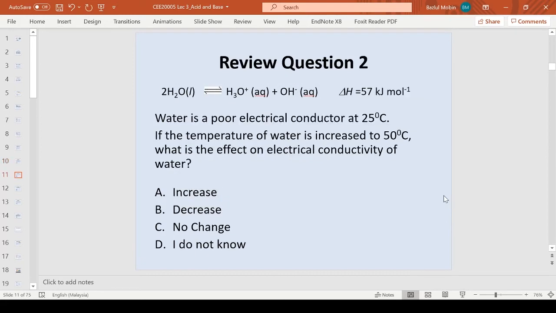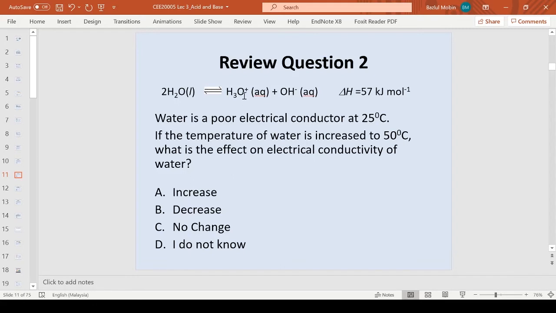For question number 2, the same equation, same condition. Water is a poor electrical conductor, we know that it does not dissociate appreciably. So at 25 degrees it is a very poor electrical conductor that does not conduct electricity. And then at 50 degrees centigrade, will it be more or less?